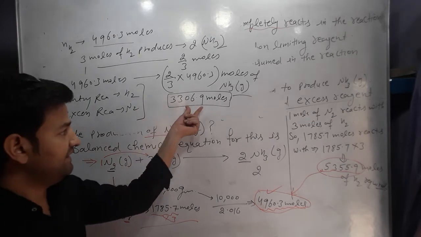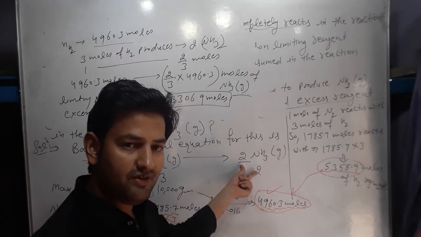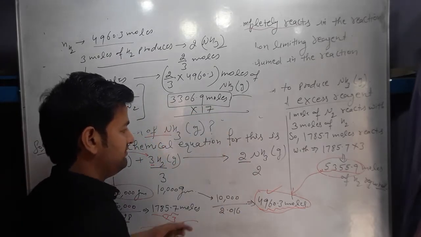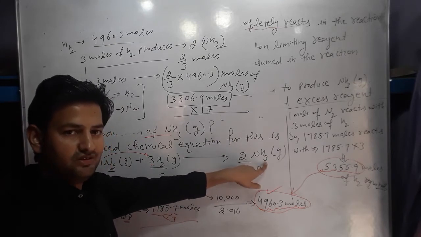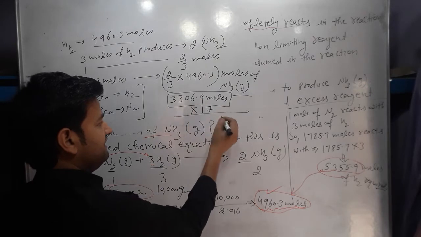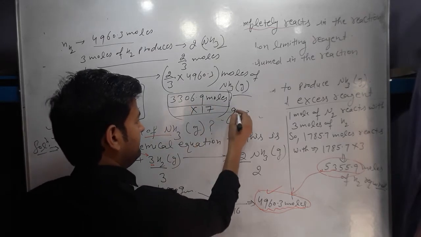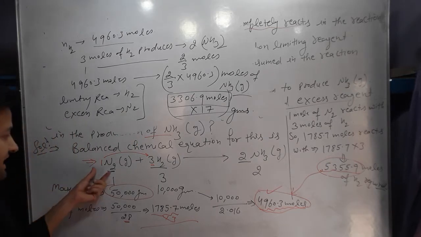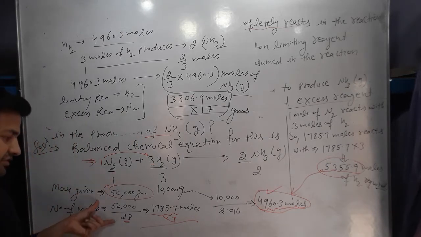If we want to find the mass of ammonia formed, we multiply the moles by its molar mass. The molar mass of ammonia is nitrogen 14 plus 3 hydrogen 3, so it is 17. Multiplying gives the mass in grams. So first we write the balanced chemical equation, then find the number of moles.